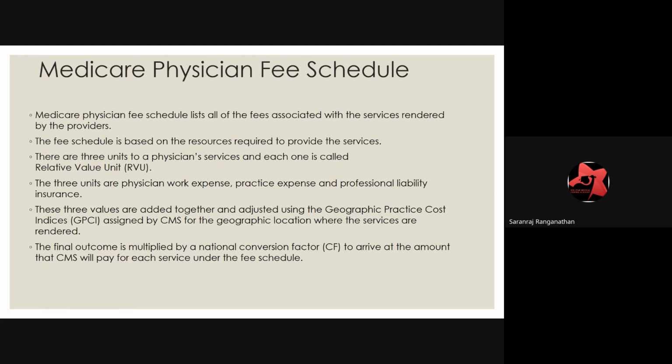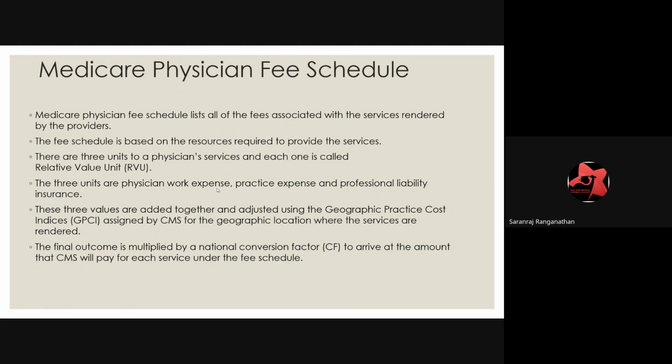Wherever a different type of physician is there, the fee structure is related to the relative value unit amount. Then the three units are physician work expense, practice expense, and professional liability insurance. So there are three units, right?